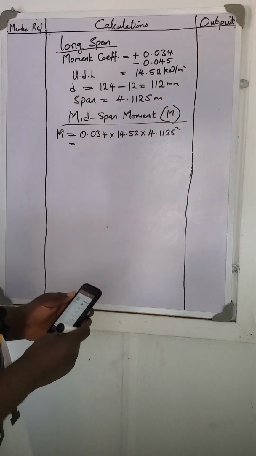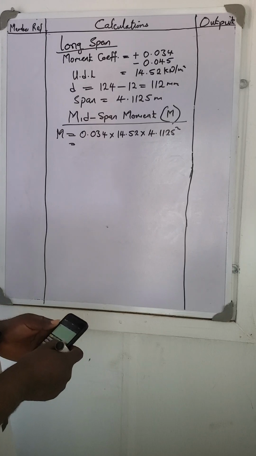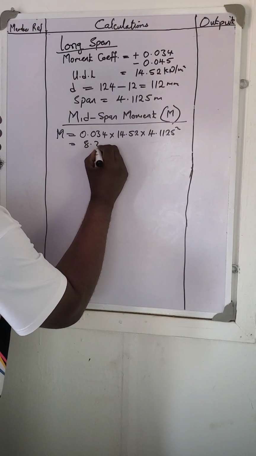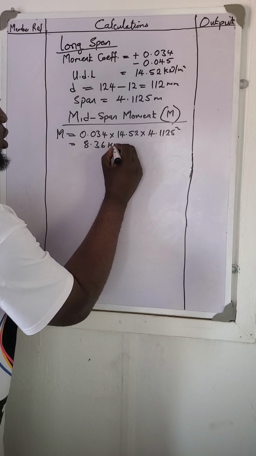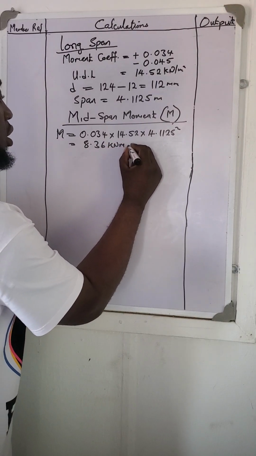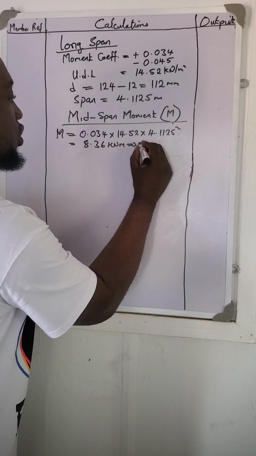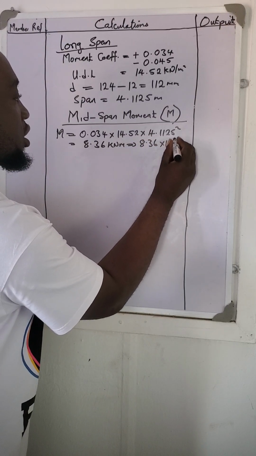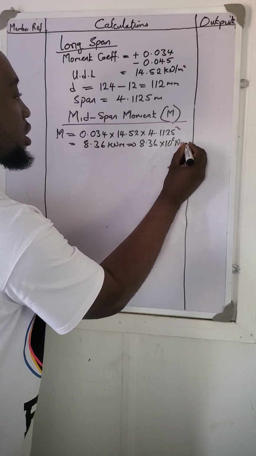If you go to your calculator and compute, this will give me 8.36 kilonewton meter, which is equivalent to 8.36 times 10 to the power 6 Newton millimeters.